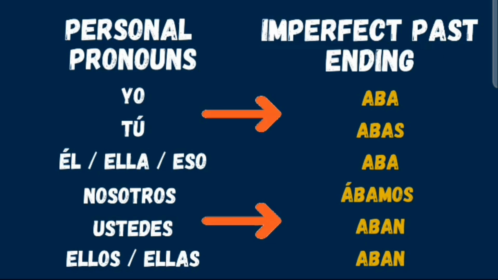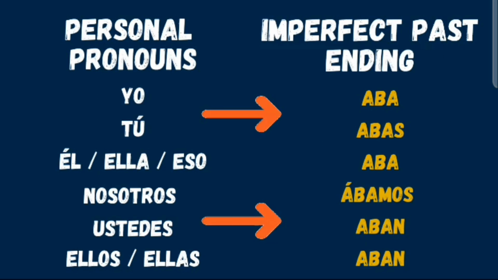Then for the third person, he, él, she, ella, it, eso, you end your verb in -aba, same as with the personal pronoun yo.